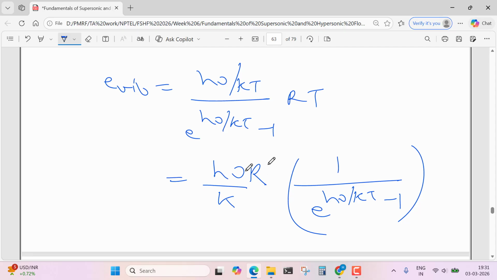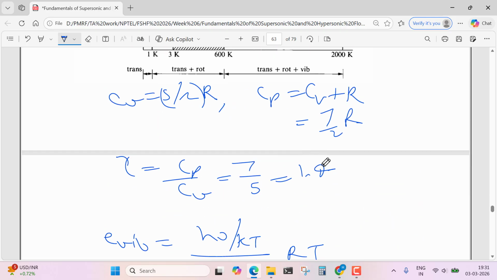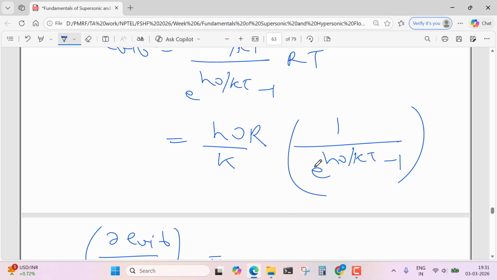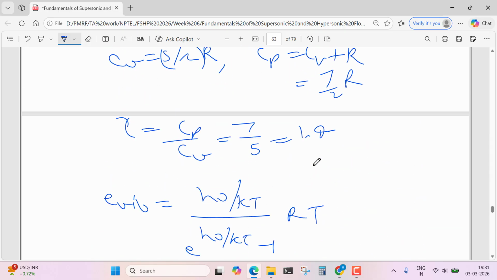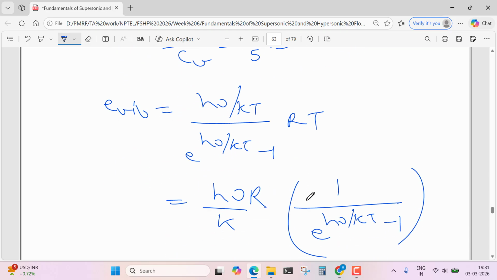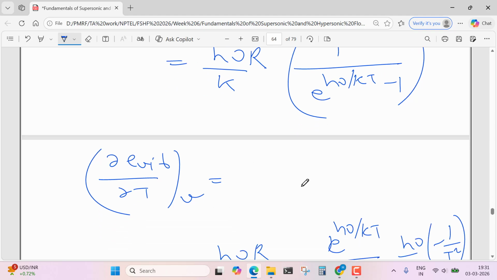We can write it as h nu R upon k into 1 upon e to the power h nu upon kT minus 1. Now, if we want to find the CV corresponding to this term, it will be dou E vibrational upon dou T at constant volume.